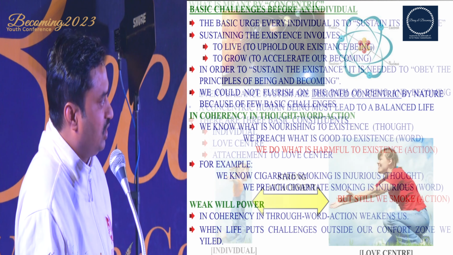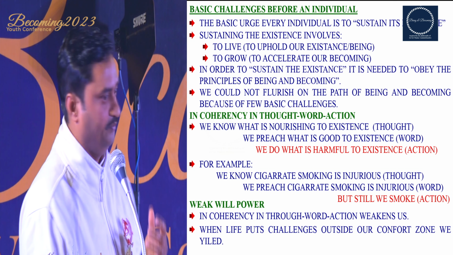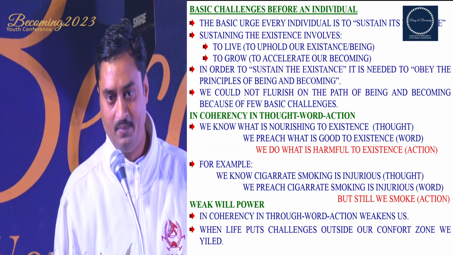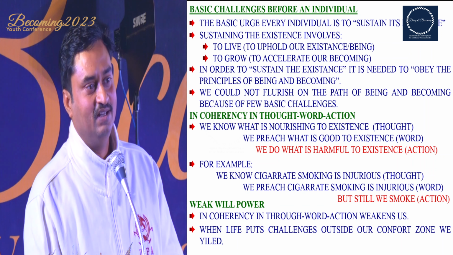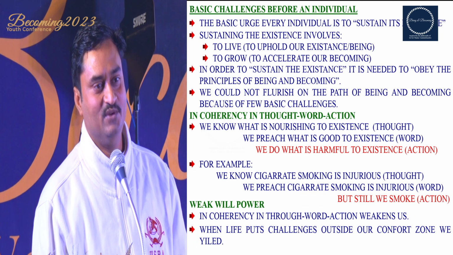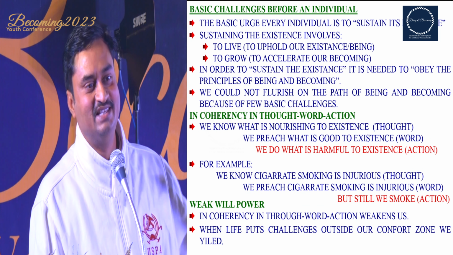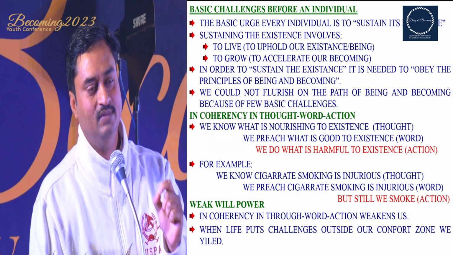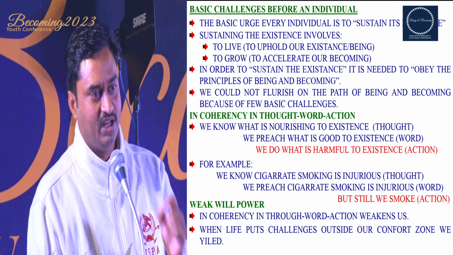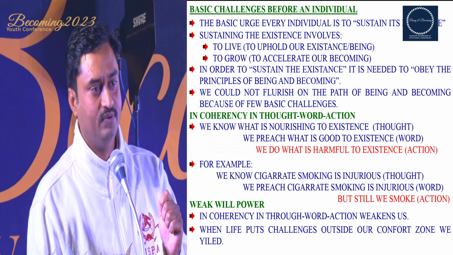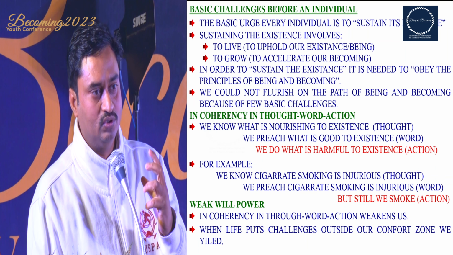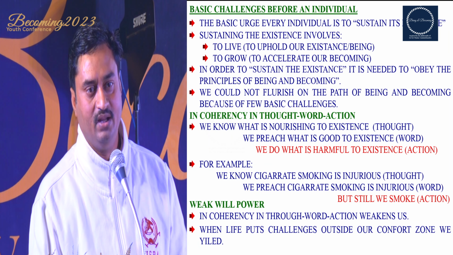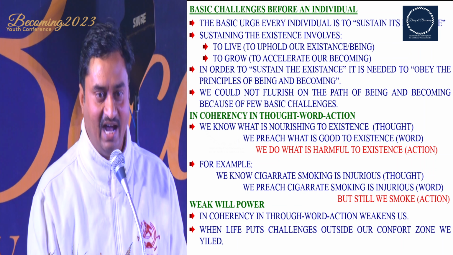Coming to the individual part first. The basic urge of an individual, in spite of all isms, Sri Thakur has said, is one ism called existentialism. Everybody believes that he wants to live, he wants to grow. This is the basic urge of every human being. At this point, all the isms have to converge.